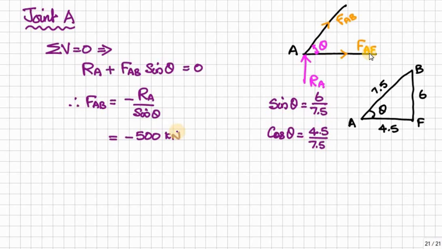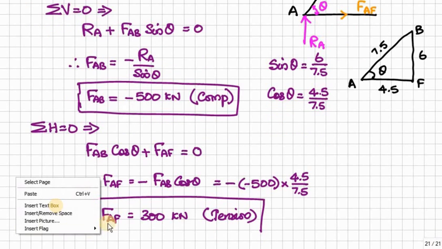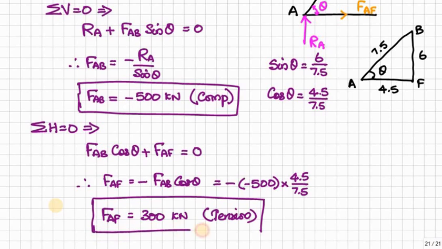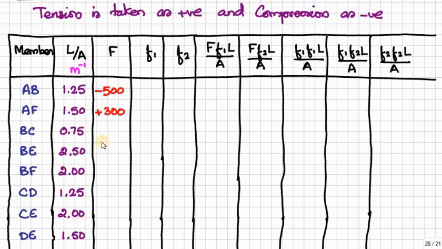FAF is in the horizontal direction, therefore we apply sigma H is equal to 0 to get this value. Therefore FAF is equal to 300. So it is a positive one, therefore our approach is that we have to go opposite. Against AB, minus 500, and against AF, plus 300.